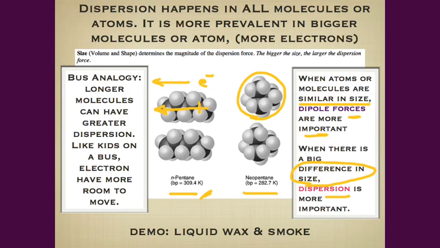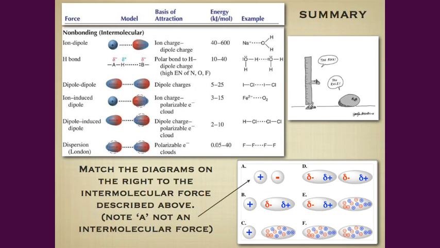All right, so this slide is just a summary of the different types of intermolecular forces, more or less in terms of how strong they are, but not exactly. So here we have ion-dipole, and we have hydrogen bonding, like you have between water molecules, for example.